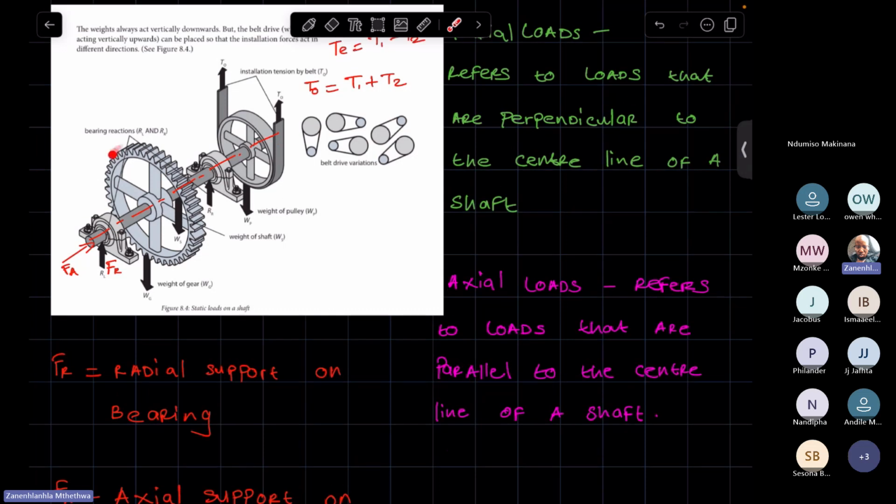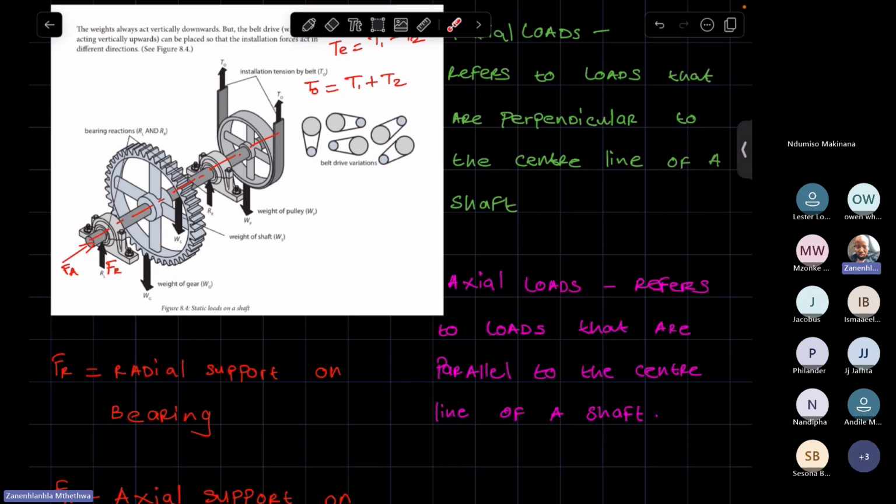Right. Then we get a gear wheel, right? If you have a gear wheel fitted onto the shaft, we have to look at the forces that meshing gears are subjected to while they are in mesh.